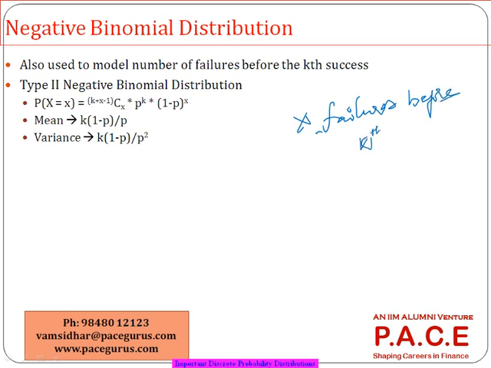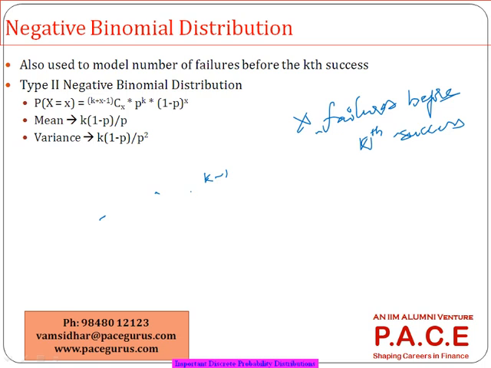Just like the way we did there, what is the chance of having x failures before the first success? Here also we are talking of x failures before the kth success. So if I am talking about the kth success and x failures, then k minus 1 successes I would have already had.